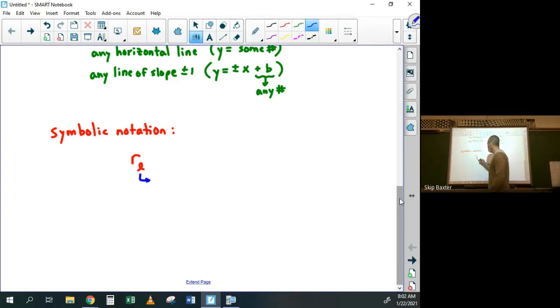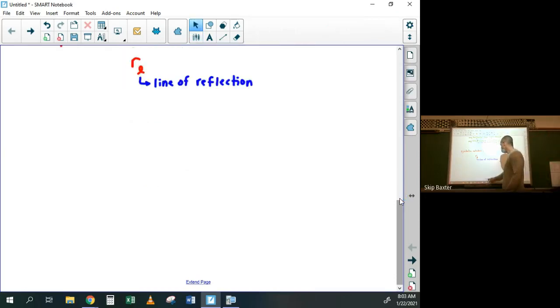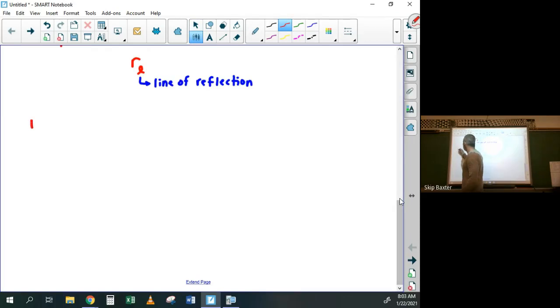And this is just whatever the line of reflection is. So for example, if they asked us to find the reflection across the x-axis of the point -5, 2.